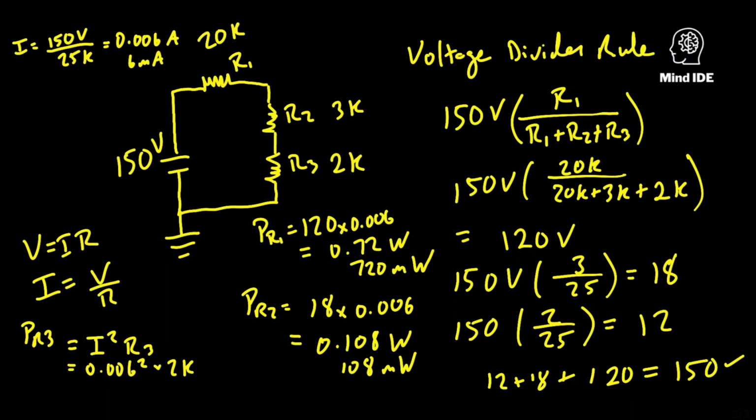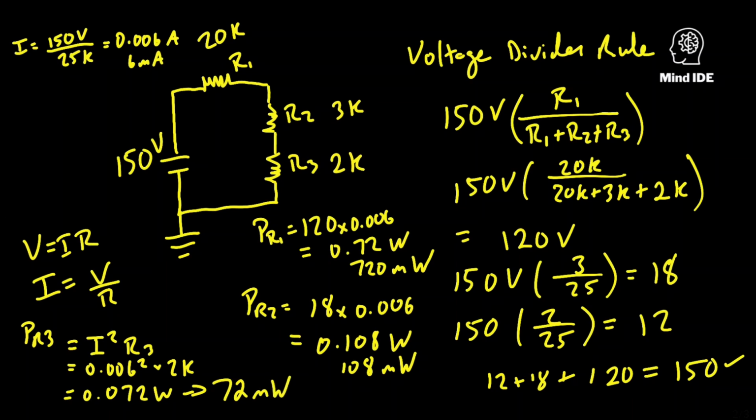Which is 0.006 squared times 2,000, 0.072 watts. Or 72 milliwatts. And that is it.